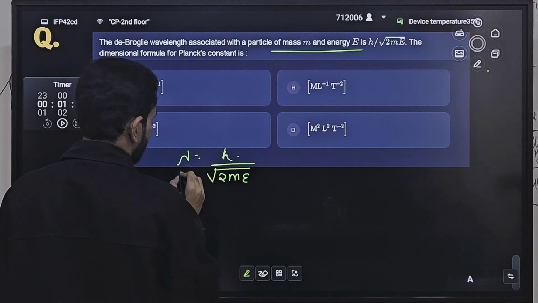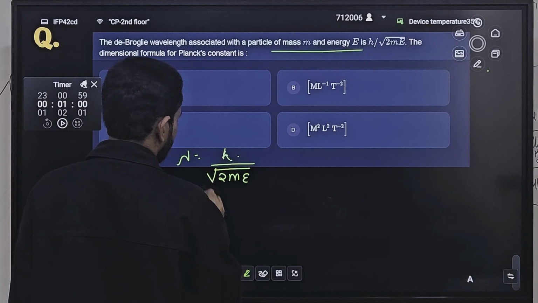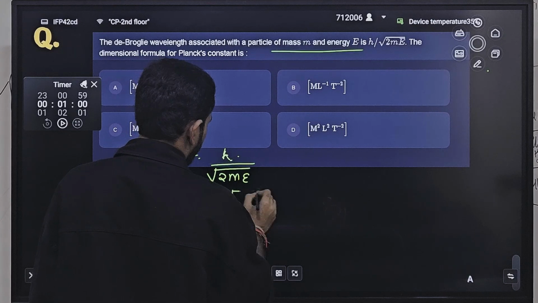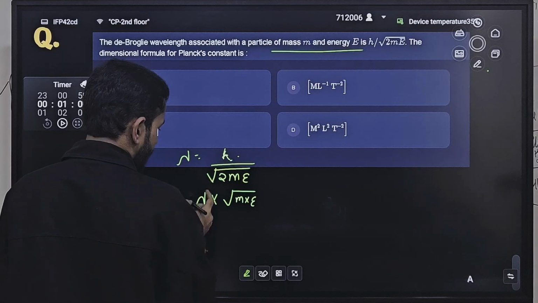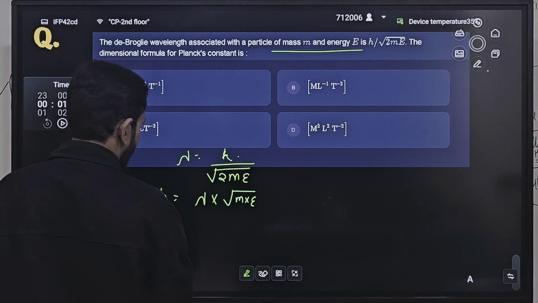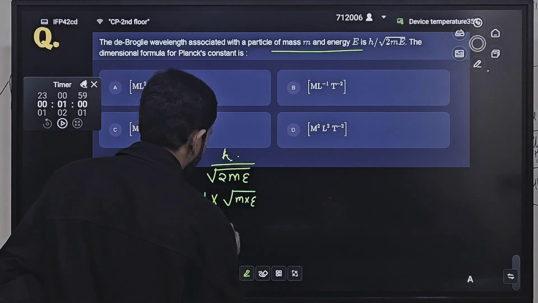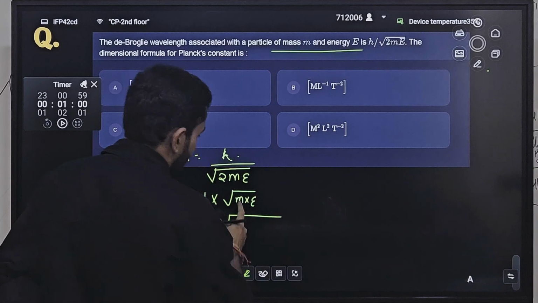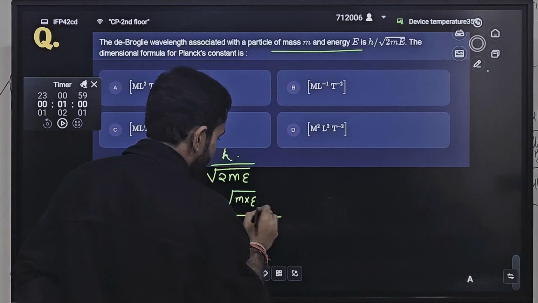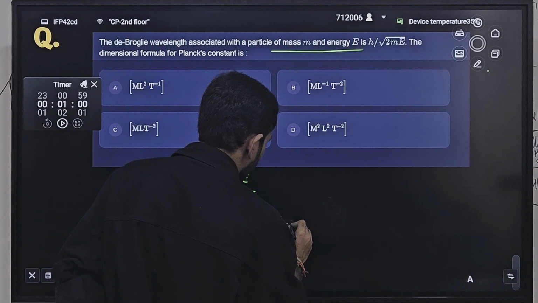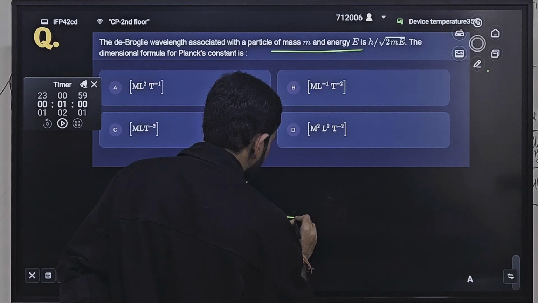So you can easily say h is equal to lambda into root under mass into energy. Correct? Now, what is the dimension formula for lambda? Wavelength is nothing but length. So it will be length multiplied by root under, what can you say for mass? Simply M. What is the dimension formula for energy? I have told you to remember M L square T minus 2.